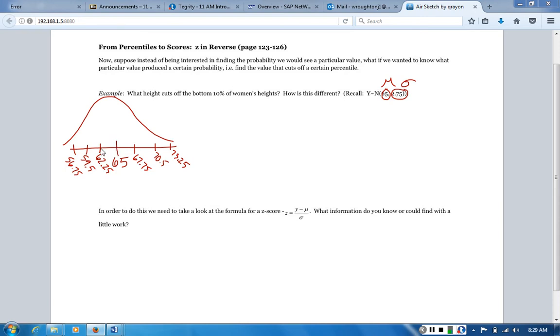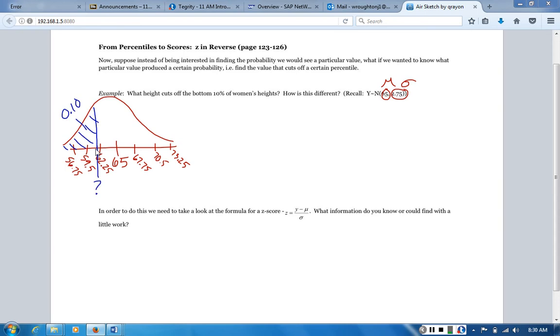There's 68% between the 62.25 and 67.75, which means there's 16% below here and 16% above here. So I know it's going to be somewhere a little bit further than that 62.25 below it. But again, you might not technically know that. So what I want is for this to be 10%, and what I want is to find this number along the bottom. So that's our goal.